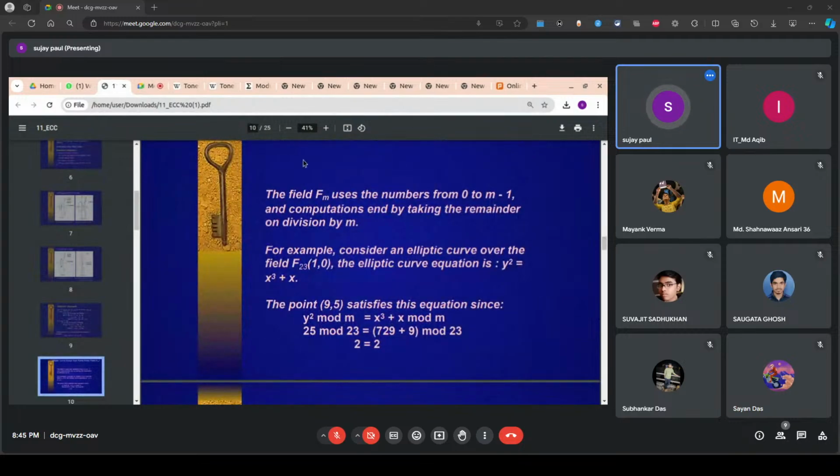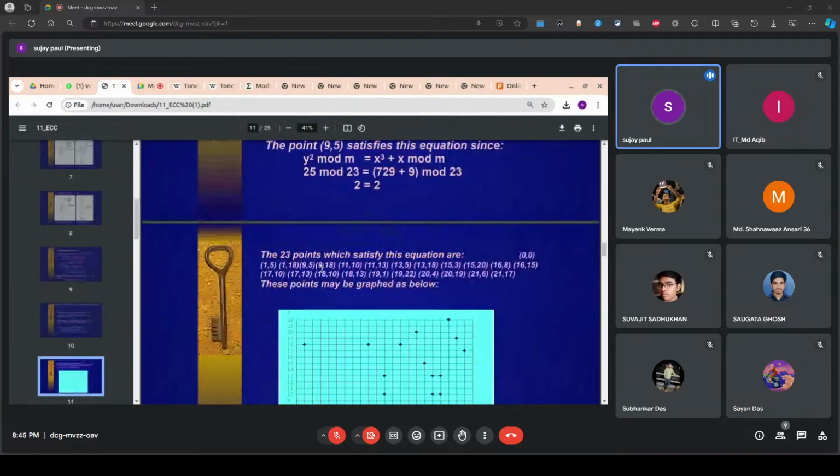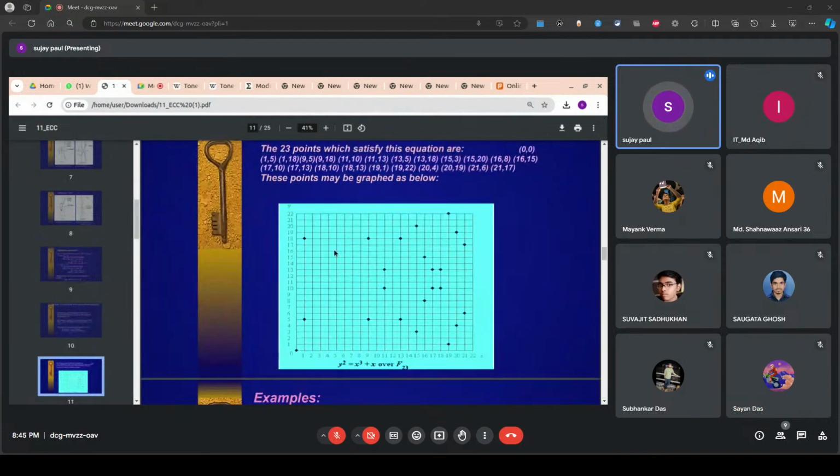Now in slide number 10, it is mentioned how I got the finite values of the curve.